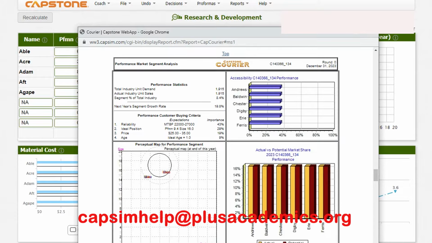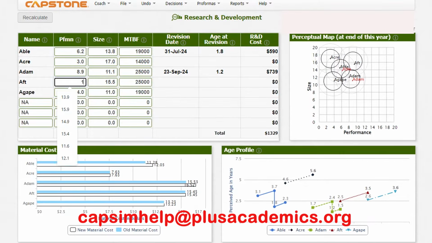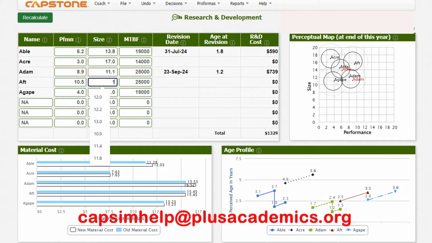So let us give a performance of 10.5 and a size of 14.8. And the most important thing, remember to maximize your reliability to 27,000. And then let us calculate and see.